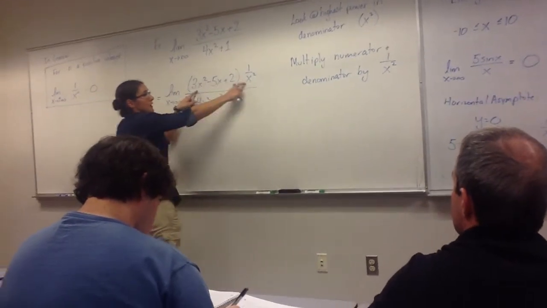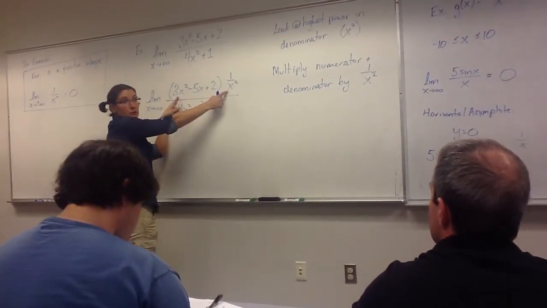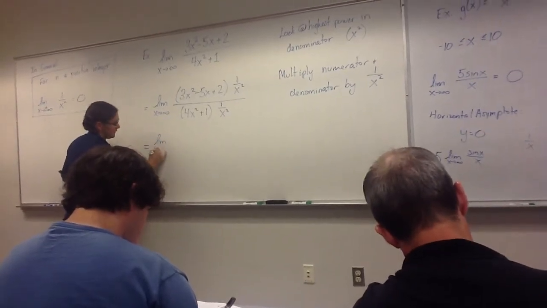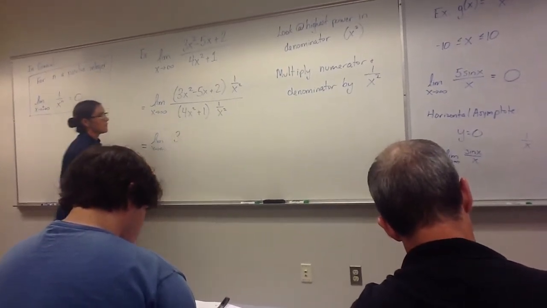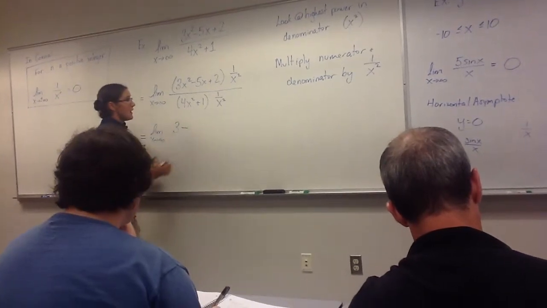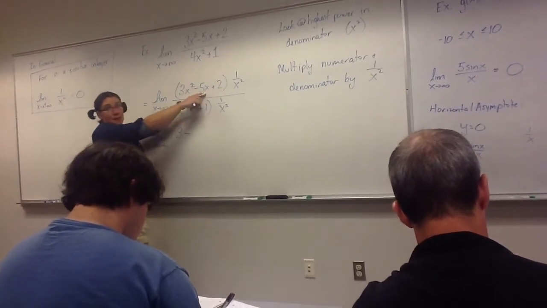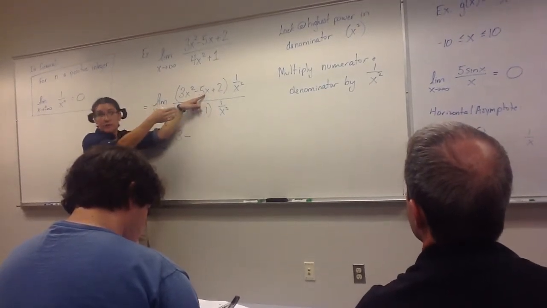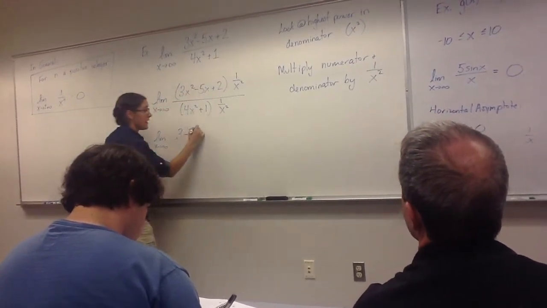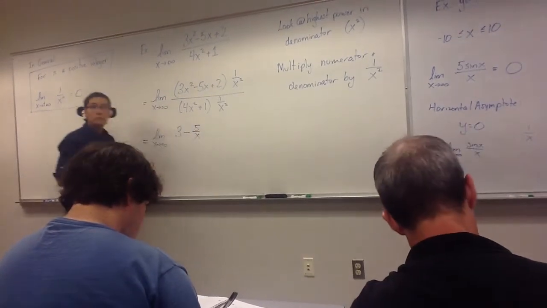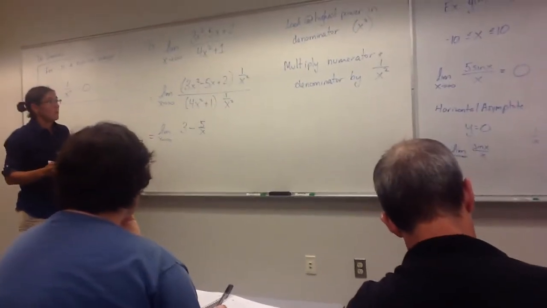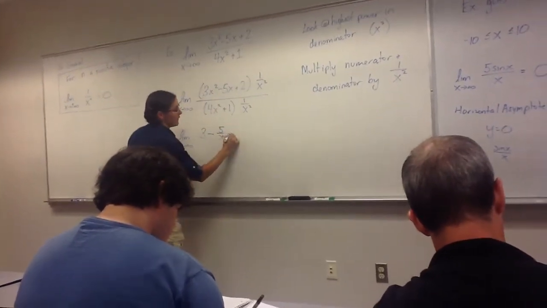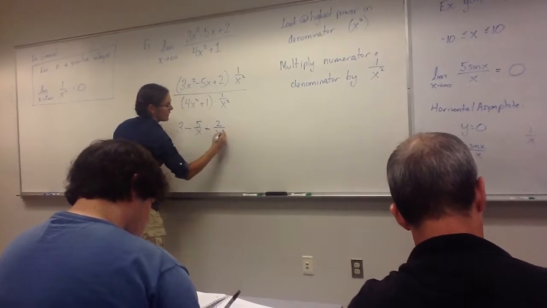So when I multiply 3x squared times 1 over x squared, those x squareds are going to cancel, and it's going to leave me with a 3. And when I multiply 1 over x squared times 5x, well, one of the x's is going to cancel, but one of the x's is going to remain in the denominator. So I'm going to have 5 over x. And my last term, I've got 2 times 1 over x squared, so that gives me plus 2 over x squared.